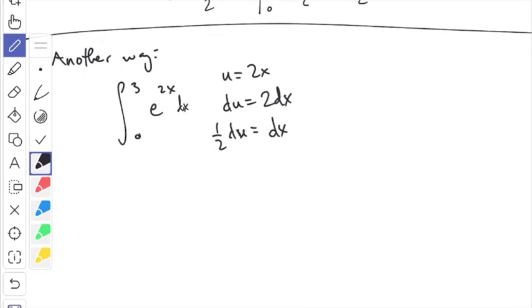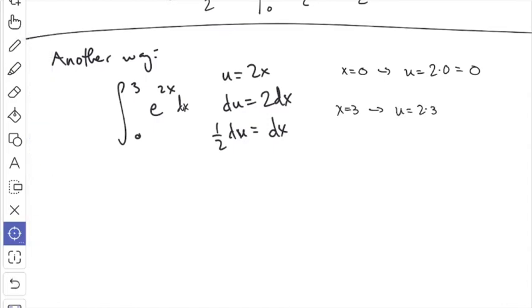The 0 and the 3 refer to values of x. I'm going to translate them into the corresponding values of u. And so, for x equals 0, what is the value of u? Well, it would be 2 times 0, which is 0. And for x equals 3, what's the corresponding value of u? It would be 2 times 3. You're just plugging these numbers into the little formula for u here. This u value would be 6.